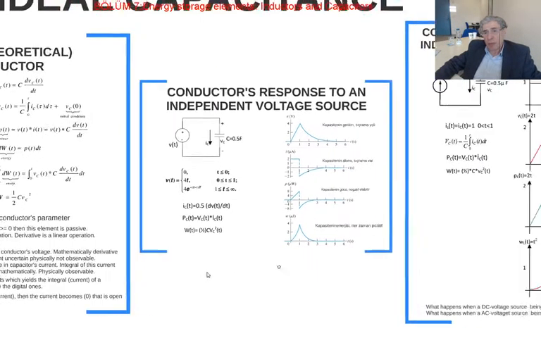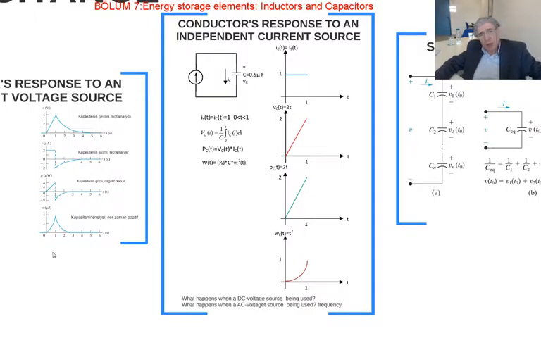Another example here: if we apply a pulse, but this pulse is an independent current source, you're going to get the integral of it. So you're going to get that red one. This is the voltage, that's the current. That's the voltage integral. And then the multiplication of those gives you that green one, and the integral of it gives you the energy.